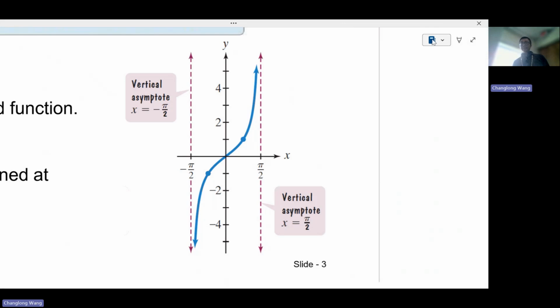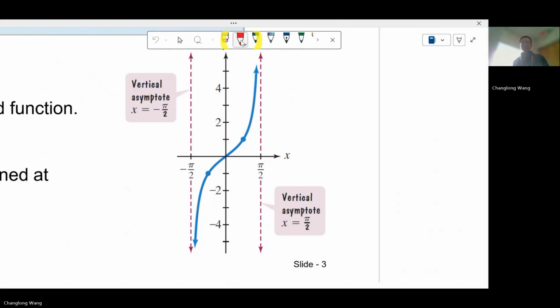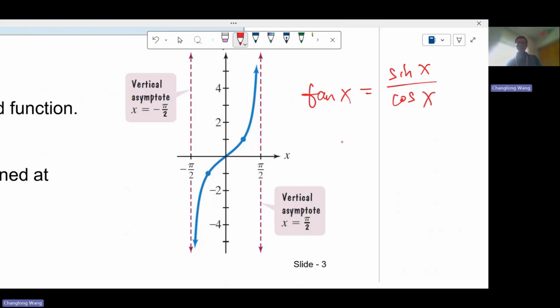Now, there's an easy way to understand why there are VAs. You remember that tangent is sine divided by cosine. So what is tangent of pi over 2?